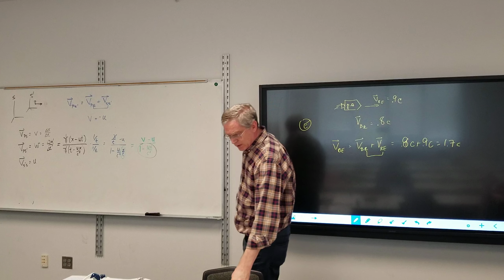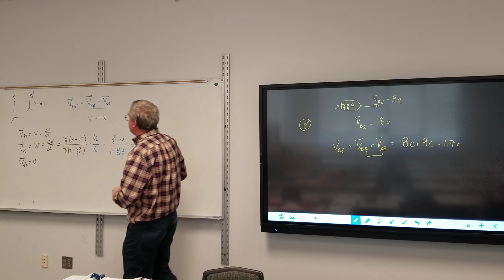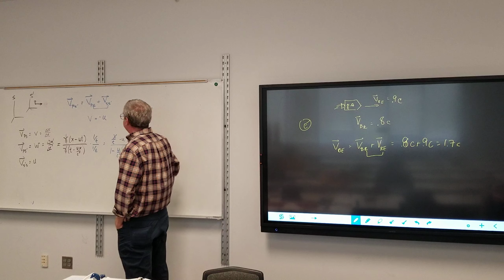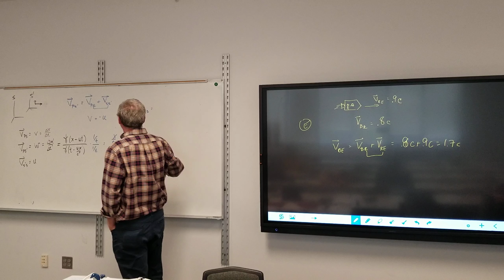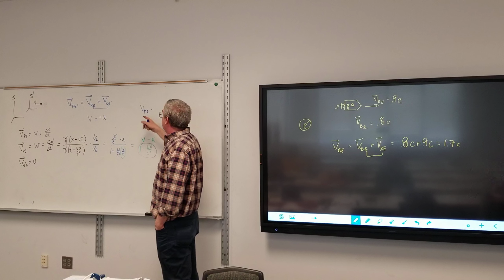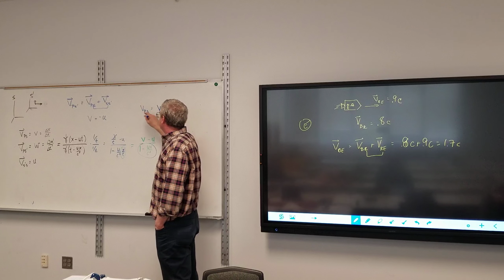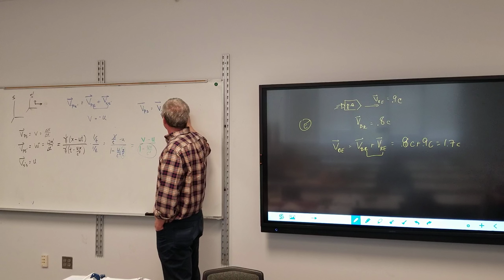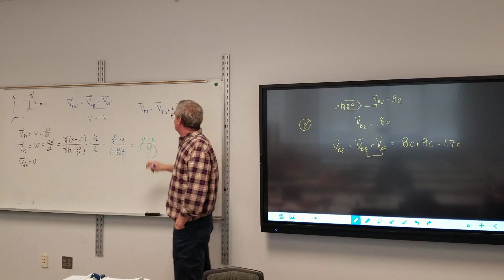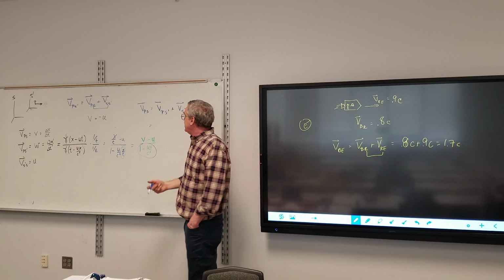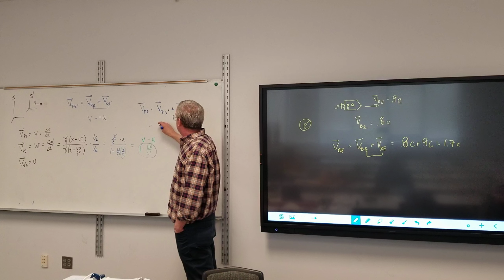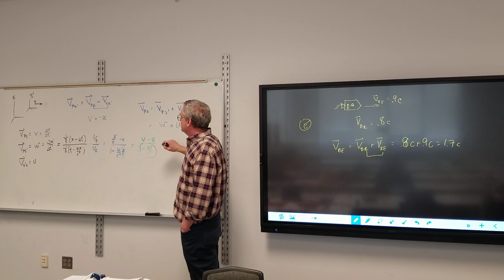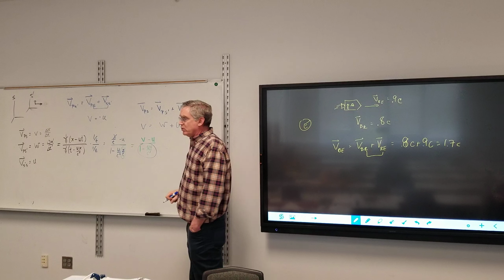Likewise, if I want to know the speed of P with respect to S, which is the problem I have over there, then that should be the velocity of P with respect to S prime plus the velocity of S prime with respect to S. So in Galilean relativity, it would be v equals w plus u.